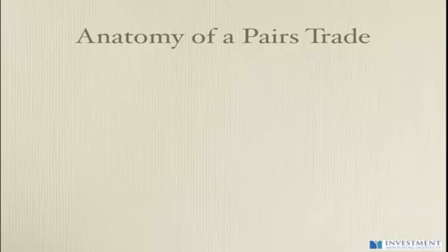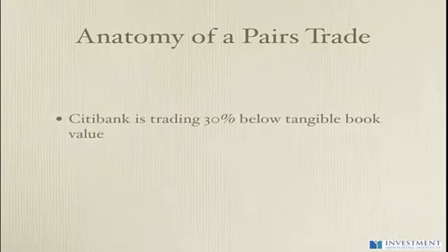So let's take a look at some fundamental analysis to start with. Right now, the trade that I'm going to look at is Citibank versus US Bank. Citibank's ticker symbol is C, and US Bank is ticker symbol USB. Right now we know that Citibank is trading 30% below tangible book value.